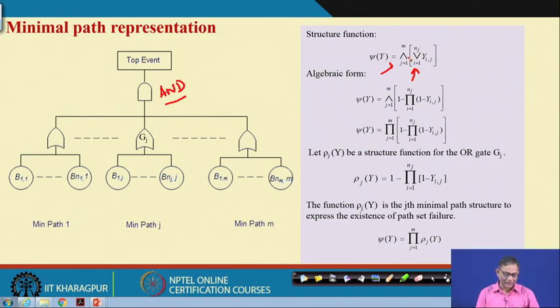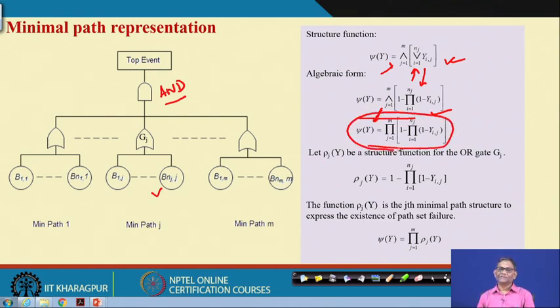Union i equal to 1 to n_j of y_ij, where y_ij is the indicator variable, and this is the AND gate, an intersection over m path sets, j equal to 1 to m. So, this is my structure function. Now, the algebraic form of this is 1 minus this, and finally, if we decompose this further, the algebraic form will be this. So, this is the final algebraic form.